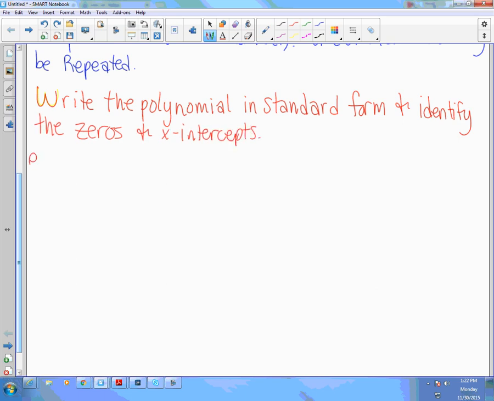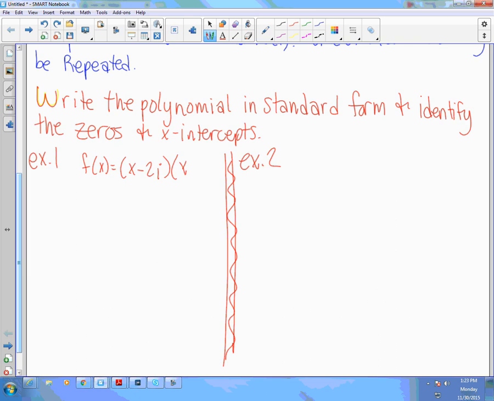We're going to do 2 examples right next to each other. The polynomial in standard form and identify the zeros and x-intercepts, as not all the zeros are actually x-intercepts. Okay, this is this example. F of x equals x minus 2i times x plus 2i.